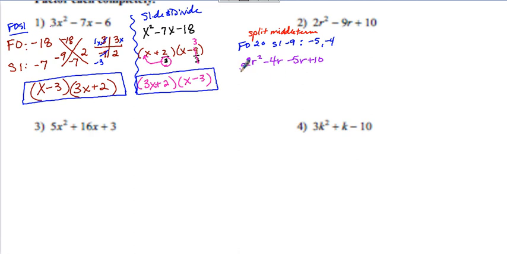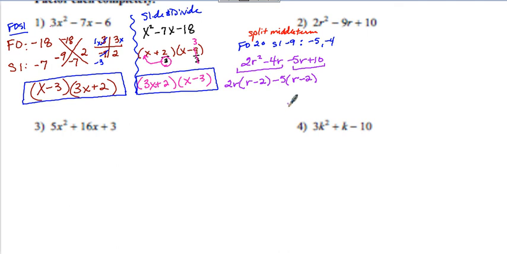Now we group them together and take a greatest common factor out of each. So out of this one we pull a 2r and leave behind an r minus 2. And out of this one we can find that we have a -5 common to both, and we leave behind an r minus 2.